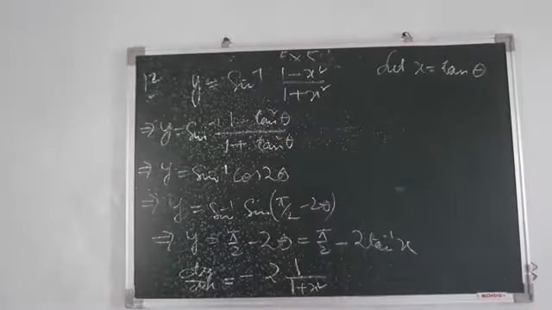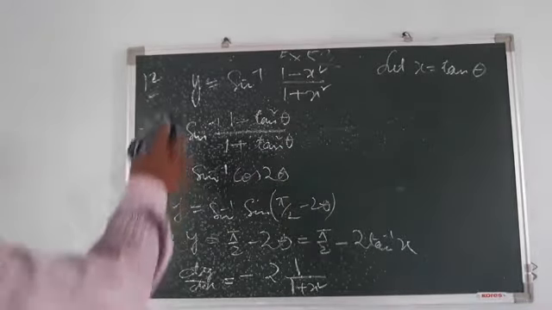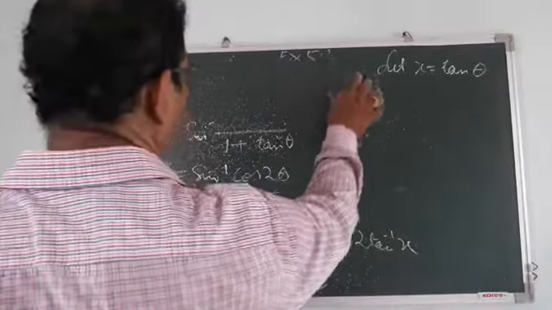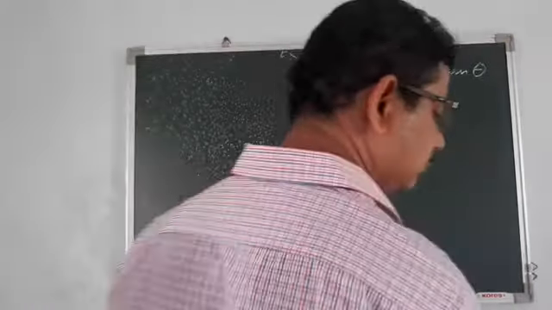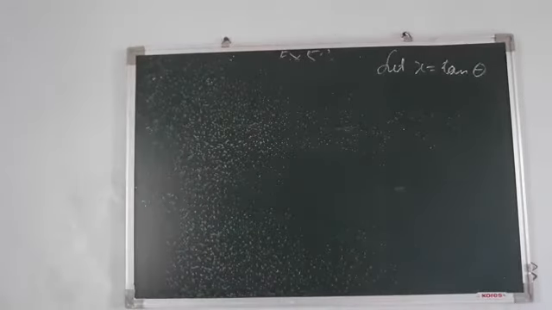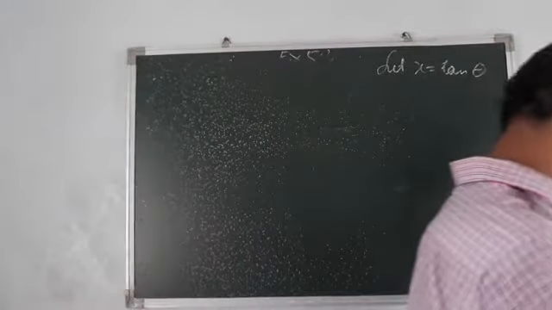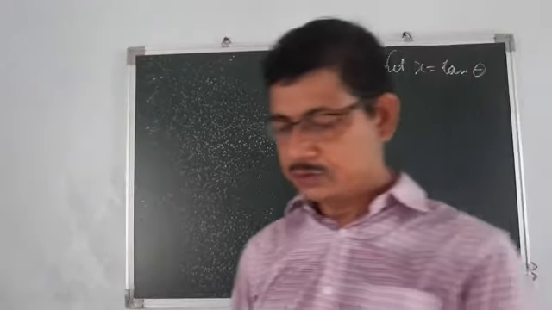I am showing this sum because this is a complicated one, so of course you need some practice. So now proceed for the second sum. The question is y is equal to cos inverse of twice x by 1 plus x square.